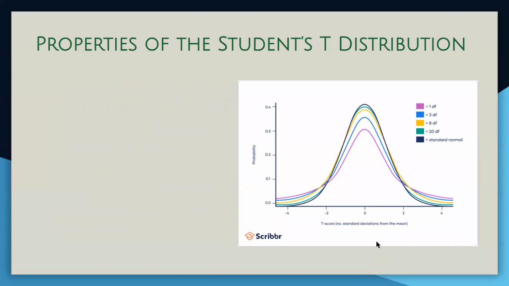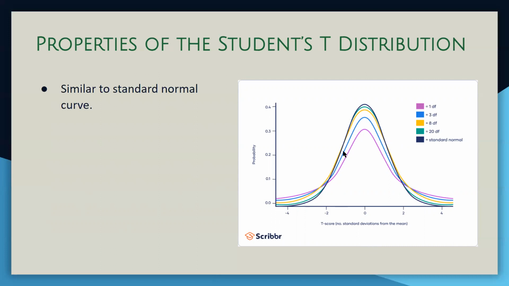We're going to look at some of the properties of your t-distribution. You can see here, we have a picture, and you'll notice that there's several different curves in this graph. They are all bell-shaped, so the student t-distribution is similar to a standard normal curve. A lot of similar properties, right?